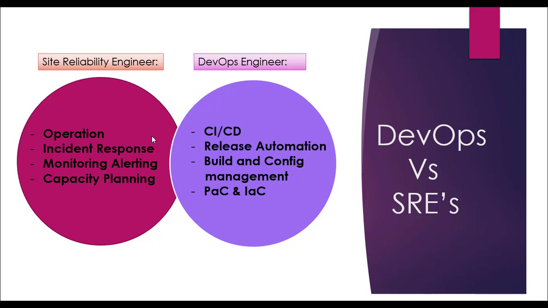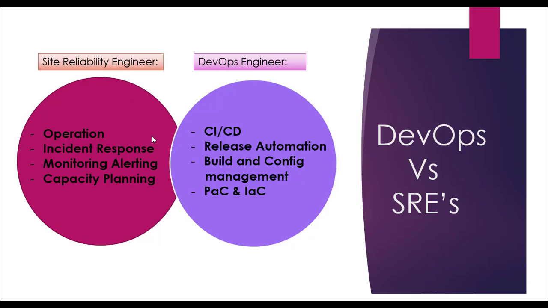If you see on the right-hand side, DevOps is all about CI/CD, automating your build and release process. SREs are more about operational work. DevOps is about release automation, build and config management. SREs are about incident response, incident management and change management. SREs are also about monitoring and alerts. DevOps talks about PaC and IaC, that is pipeline as code and infra as code, so automating your infra creation and pipeline creation.